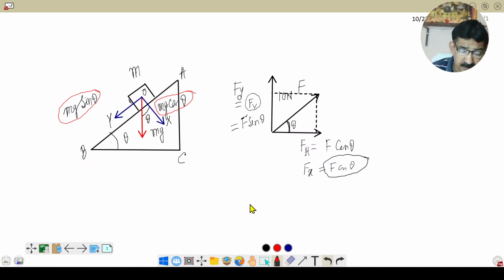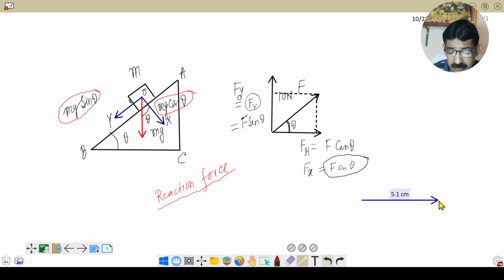Now, what is the reaction force? Actually, when a body is placed on a plane surface, suppose this is a plane surface, the surface of a table, and a body like this of mass m is placed on this plane surface.